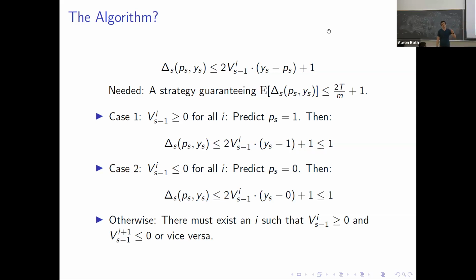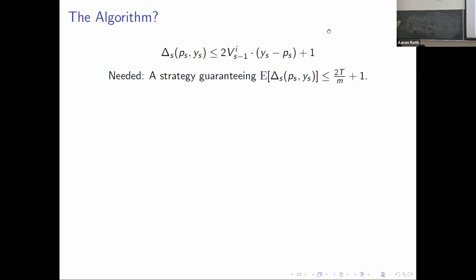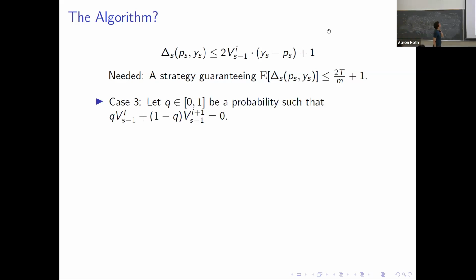And so there must be a pair that are adjacent to one another. Okay, so there's some i such that in bucket i, my calibration error is positive. And on bucket i plus 1, my calibration error is negative. Okay, so this is the case we should expect to find ourselves in almost always.